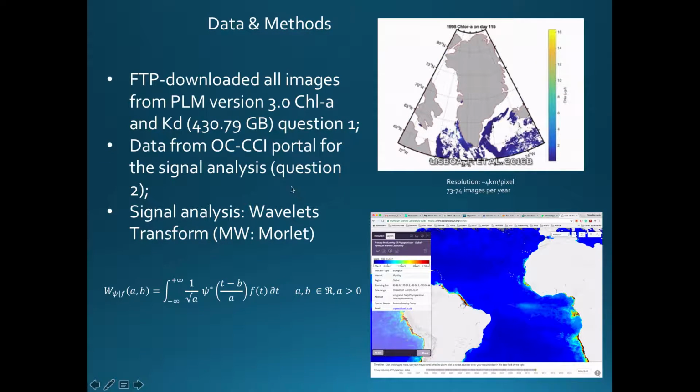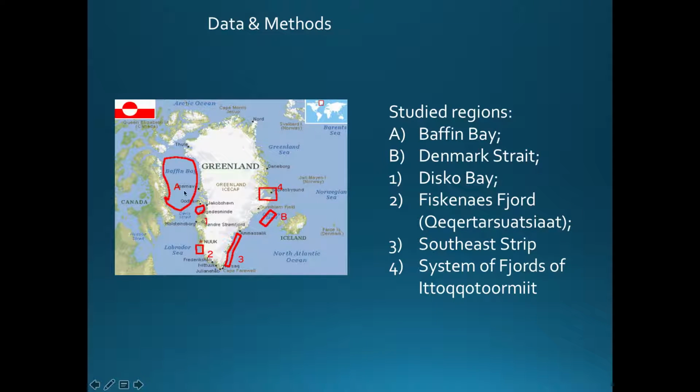And then I used signal analysis, like the wavelet transform, with the Morlet mother wavelet. For our region of interest, I have selected two offshore areas, A and B: the Baffin Sea and the Denmark Strait. And then we have these three glacier systems and the southwest strip, which is in the middle of these two environments.